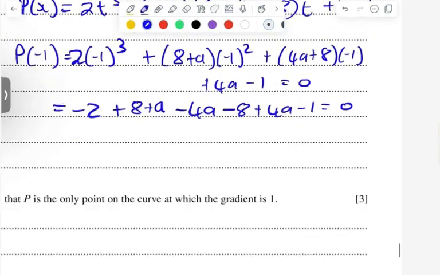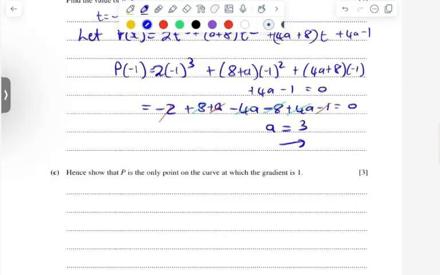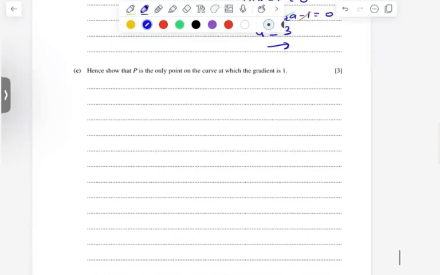Okay, so all of that should be equal to 0. So let's just simplify a bit. So plus 8 minus 8 minus 4a. So I'm left with a is equal to, that's not a, 1, 2, 3. A is equal to 3. My final answer.